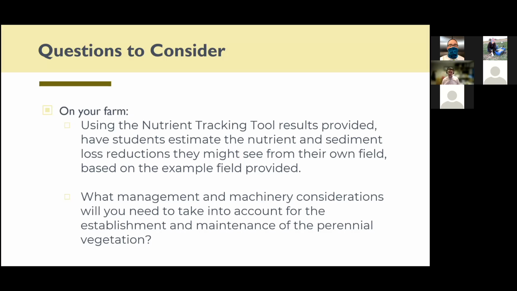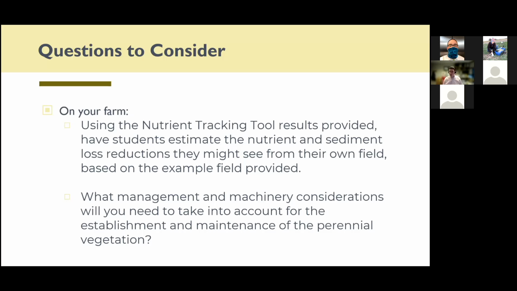One asks them to use the nutrient tracking tool results that are provided and estimate the nutrient and sediment loss reductions they might see on their own fields that they've been assigned. Another question is what management and machinery considerations we need to take into account when establishing and maintaining perennial vegetation. This really gets to establishing these perennial species.